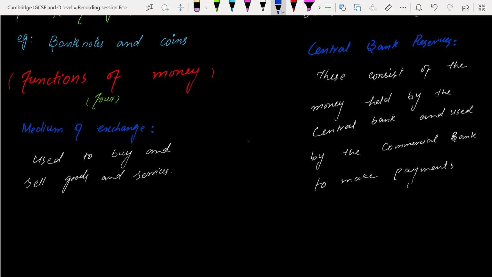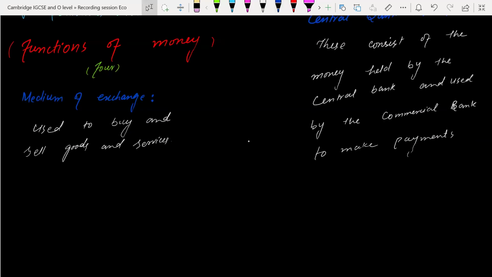Next, it can be unit of account. What kind of function is it? Unit of account means it measures the value of goods and services. For example, normally we say, oh, this product has a price of $10, $20, $30, $40, or $50.